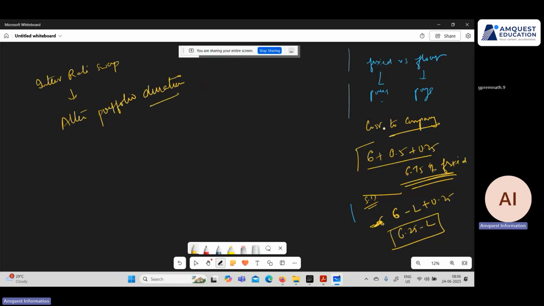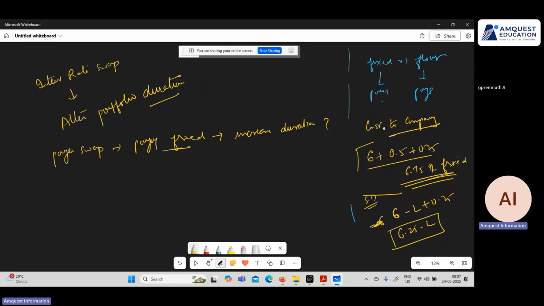Think about this. If you are a pay swap, it means you are paying the fixed. So it increases the duration? But think about this.